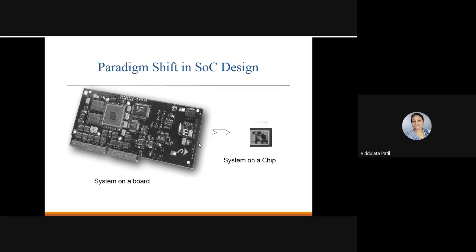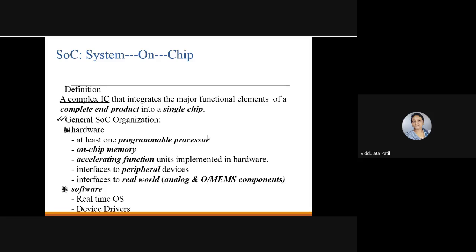But now with the technology changing, so advancement in the technology, we have now whole system on a single chip, okay. So that means within a very small size you can have a complete system in a single chip, and that is the system on chip technology, okay.